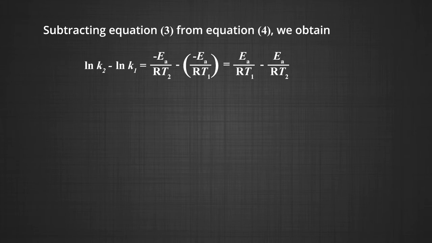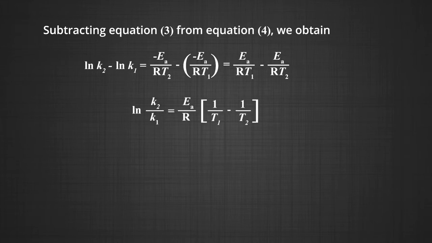Now, subtracting equation 3 from equation 4, we obtain ln K2 minus ln K1, where ln is the natural logarithm. So, ln K2 minus ln K1 is equal to minus EA by RT2 minus, minus EA by RT1. It comes out to be EA by RT1 minus EA by RT2.